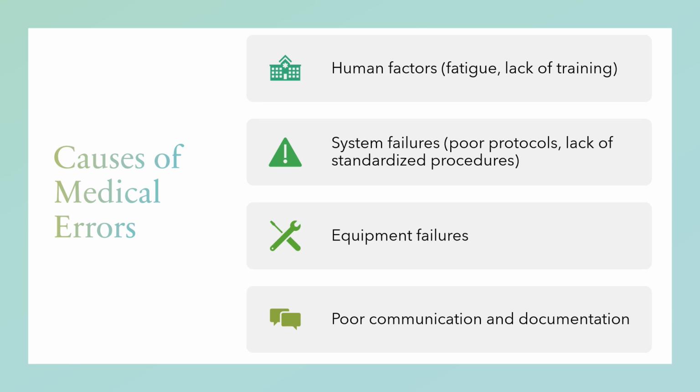And again, poor communication and documentation. Everything that you do in the sterile processing department is documented. So there needs to be legible signatures, there needs to be clear communication, and this documentation also has to withstand a court of law in the event that there is a surgical site infection.